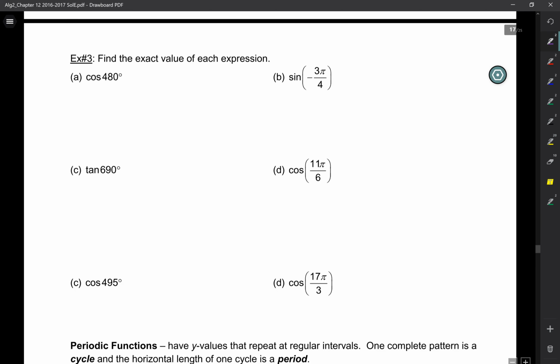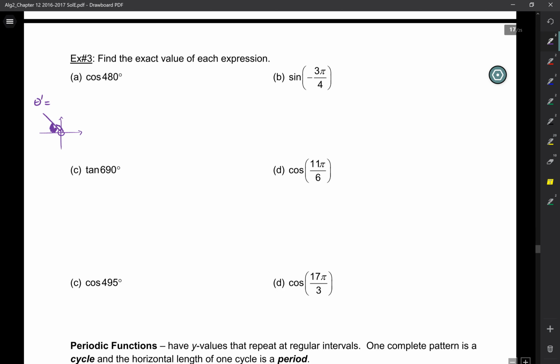So first I need to find the reference angle. Is it 60? How do you know it's 60? It is 60, but how do you know? Okay, so how does 480 look? If you go around the circle, that's 360. I need to go another 120.